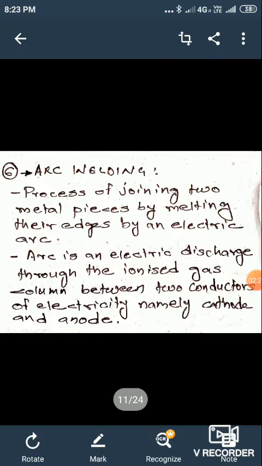An arc is useful for generating heat and can be obtained between electrode and workpiece, or between two electrodes and also between two metal pieces to be welded.